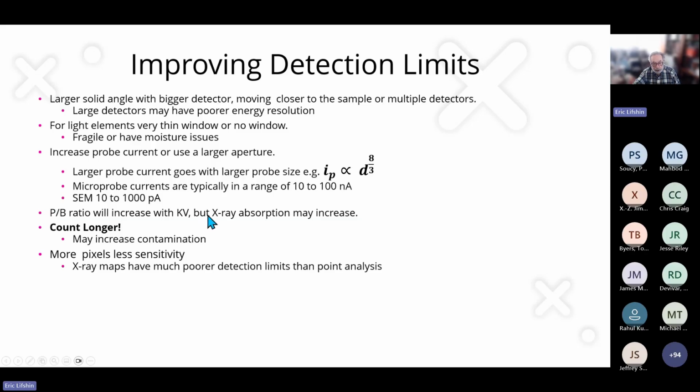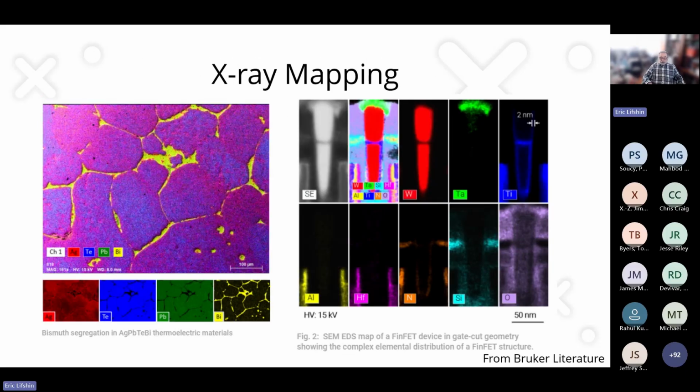Okay, how about peak to background ratio? Well, I could improve that by going to higher voltage, but I might run into absorption issues. I could also count longer, but then it takes more time, though I might improve the contamination. And what if I'm taking a map compared to a point analysis? You can take some pretty beautiful maps, again, I'm stealing from the literature, and map out different elements with EDS, even with fairly high spatial resolution, as shown on the right.